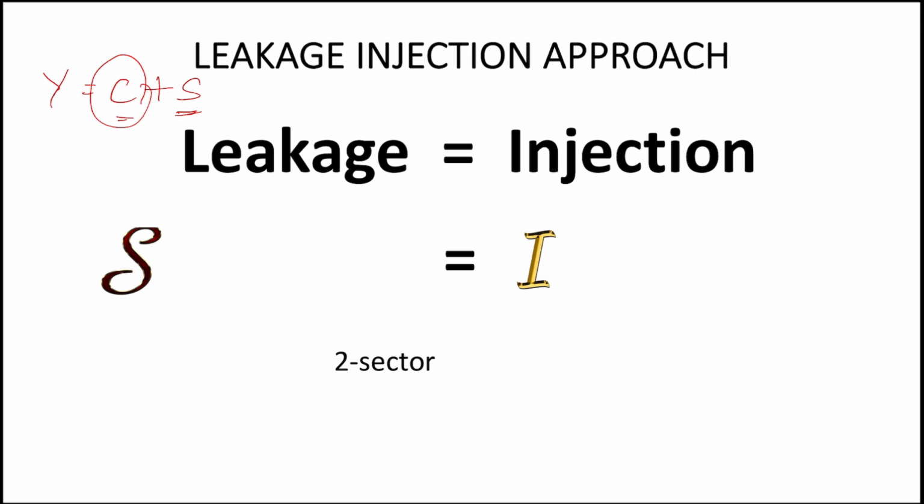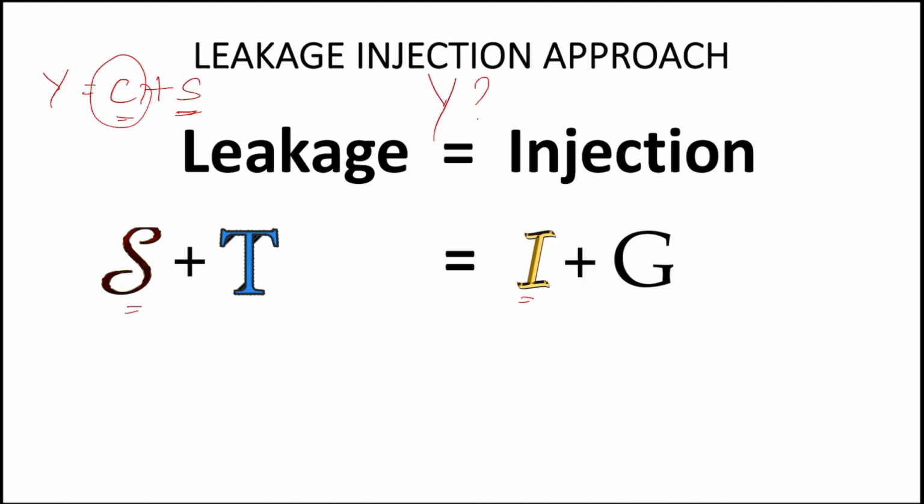Okay, so for a two-sector economy, to get the value of Y, you have to find S equals to I. For a three-sector economy, T is for tax, G is government expenditure. So for a three-sector economy, to get the value of Y, S plus T equals to I plus G.